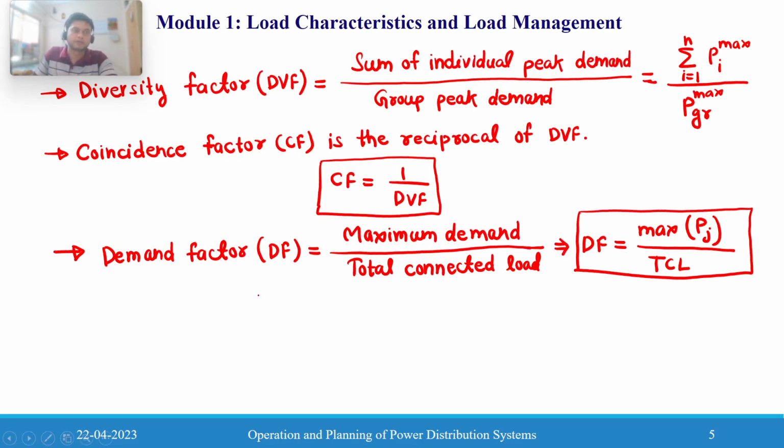It is also one of the important characteristics for load. And further, we have load diversity. This comes in units of watt. It is the difference of the sum of individual peak demand and group peak demand.